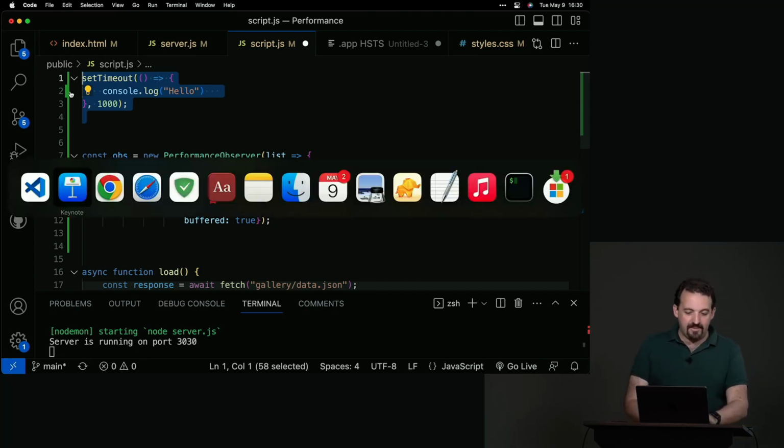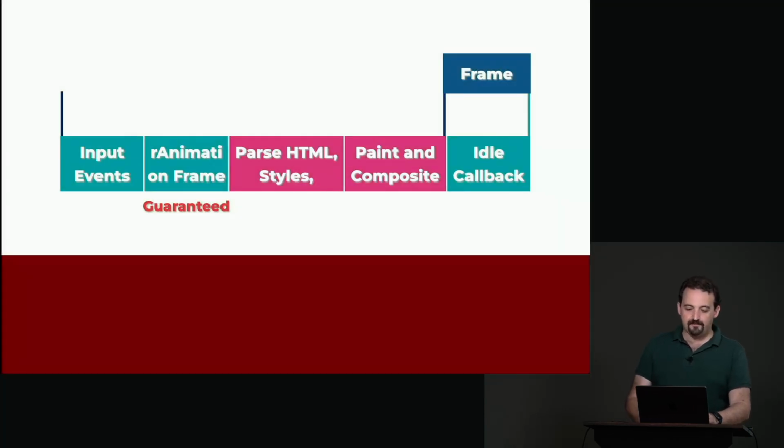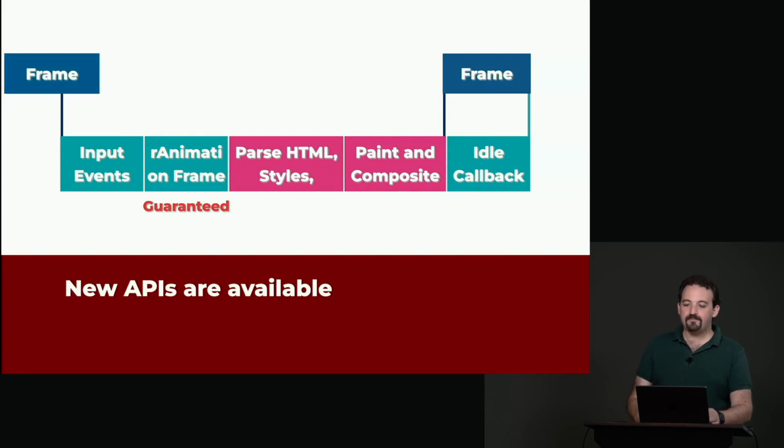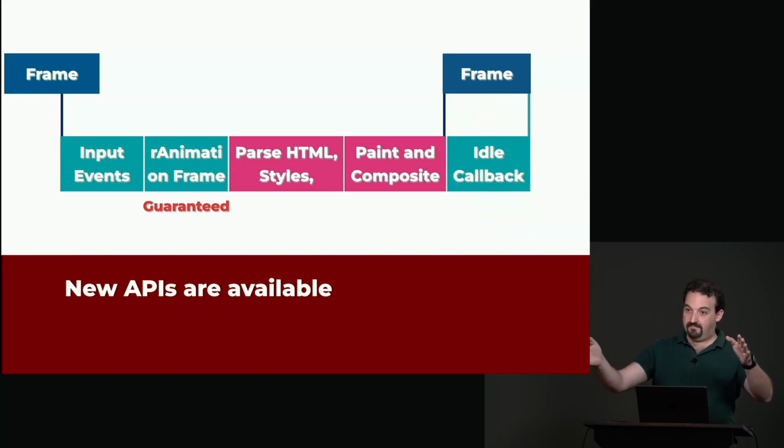So when we have that process of painting, things like setTimeout are actually executed within idle callback time between one frame and the other frame. The problem is, what happens if there is no idle callback time?